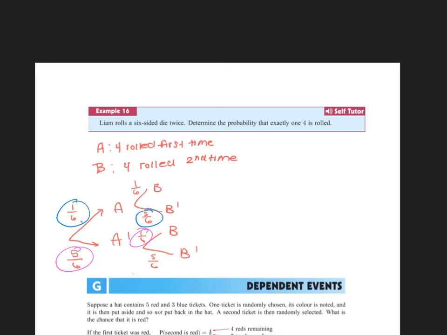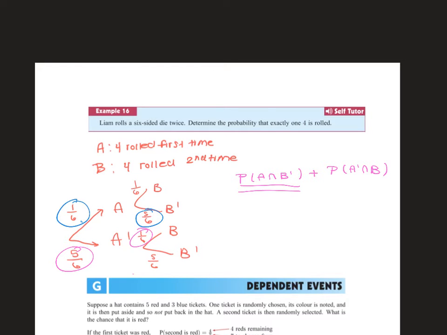So in other words, we want to know the probability of A intersect not B, or, represented by a plus sign, the probability of not A intersect B. So, what does this mean?